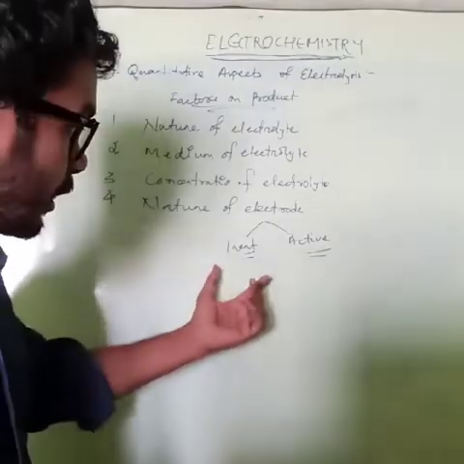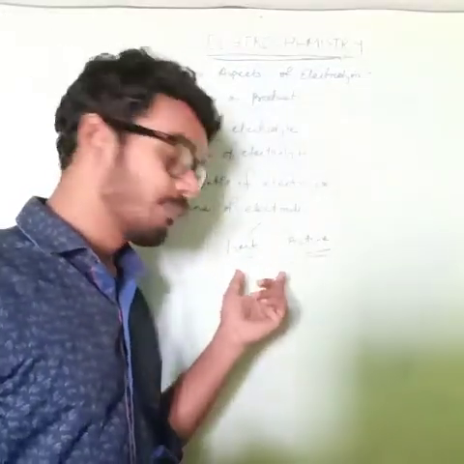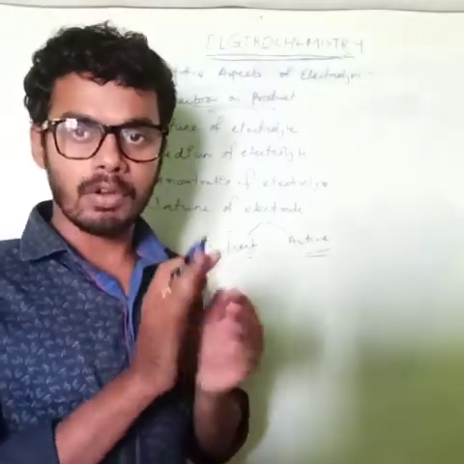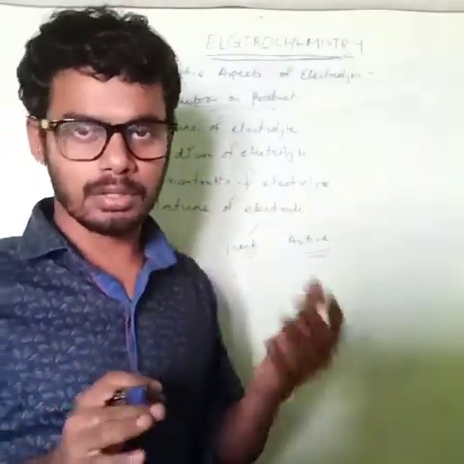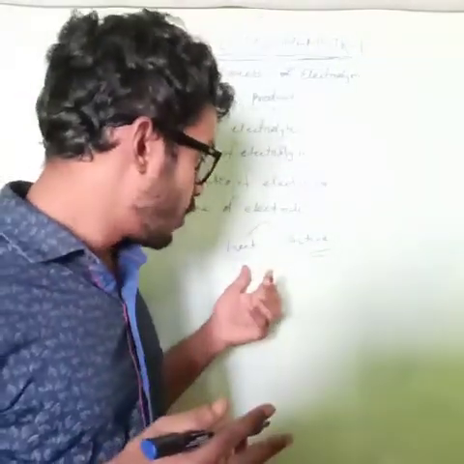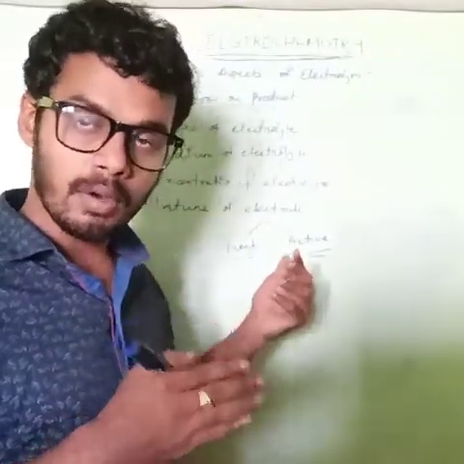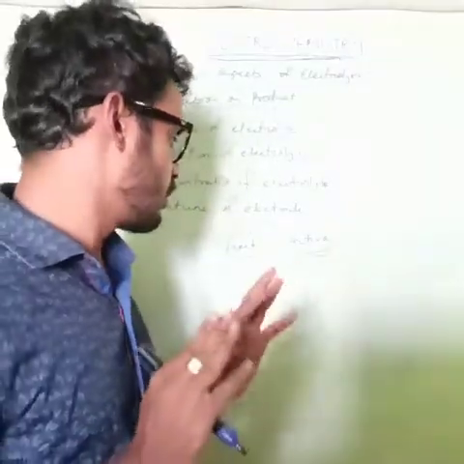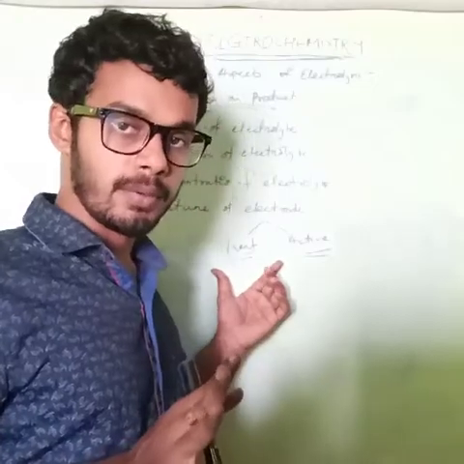Inert electrodes ideally isolate themselves. They will not react, whether kept at the anode side or the cathode side, and there will be no effect.